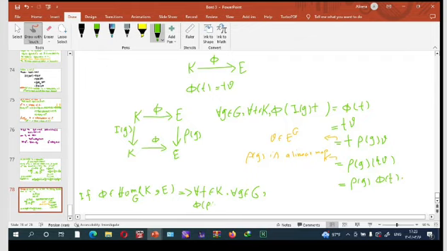Phi of i of g of t equal to rho of g of phi of t.